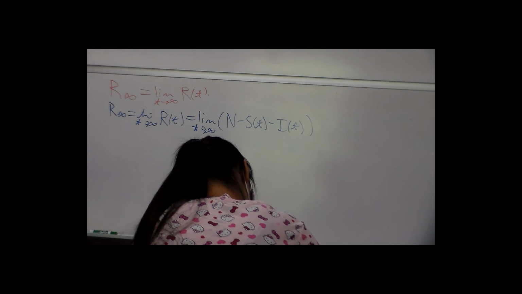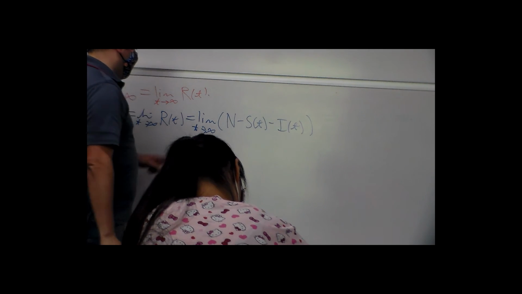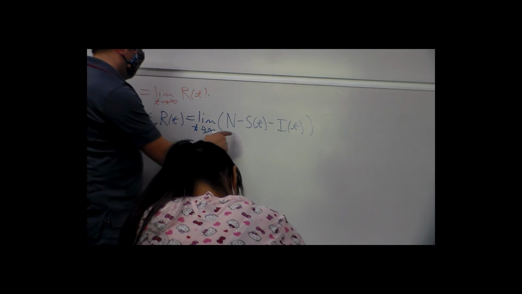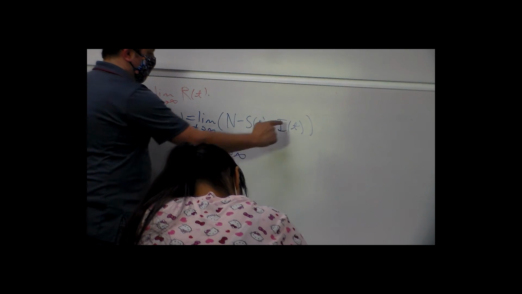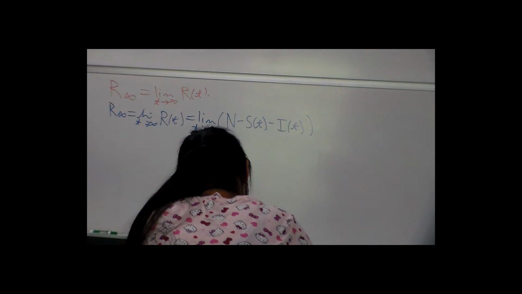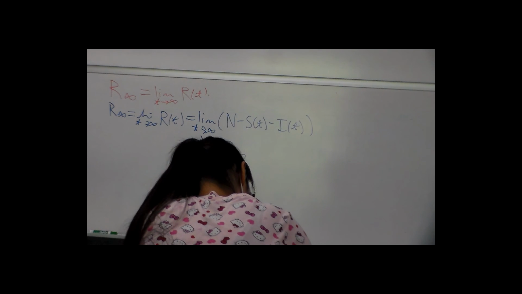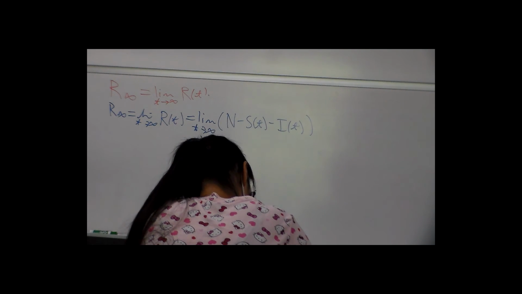So I can plug this in, right? The limit as t goes to infinity of N is just N. This is my S infinity, and this thing is 0. Okay? So what I actually need to calculate is S infinity.